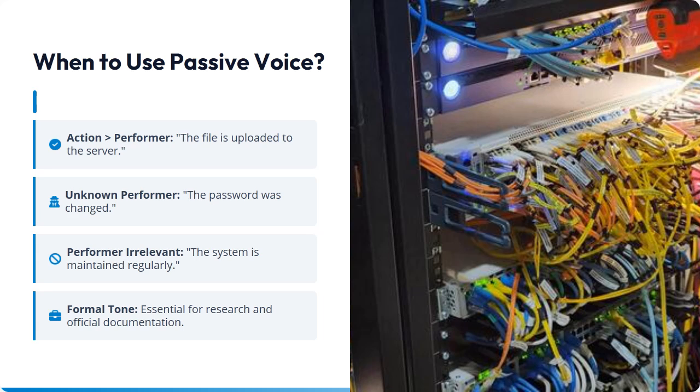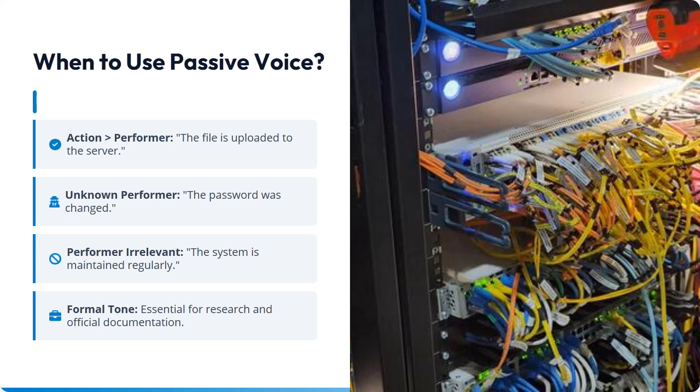Okay, so when to use the passive voice? The passive voice is used when we want to focus on the action rather than the performer. For example, the file is uploaded to the server. Here, it doesn't matter who uploaded the file. The most important thing is that the file is uploaded. We use it as well when the performer is unknown.